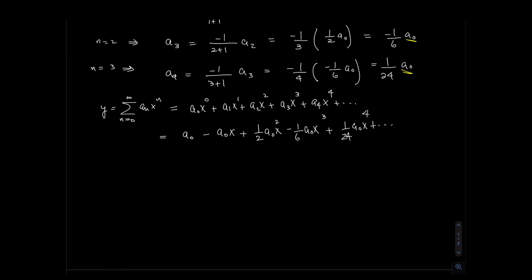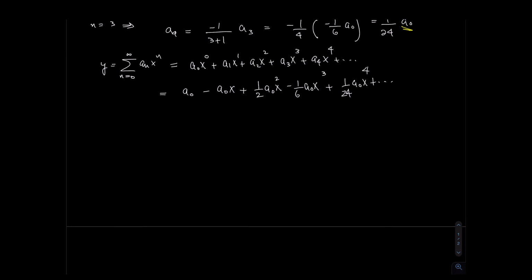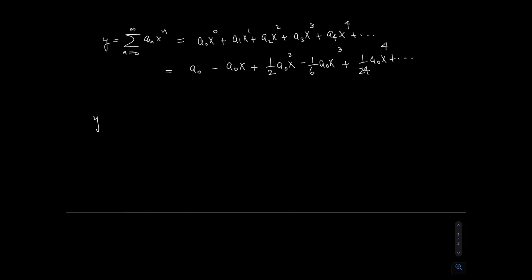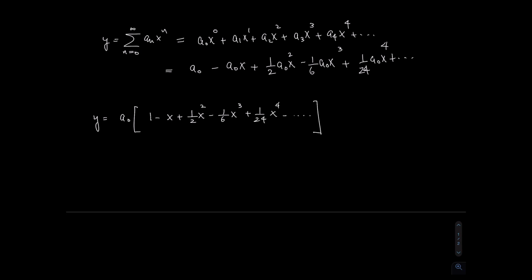So you notice here I could factor out an a0. So I'll have 1 minus x plus 1/2 x squared minus 1/6 x cubed plus 1 over 24 x to the fourth minus, and so on.